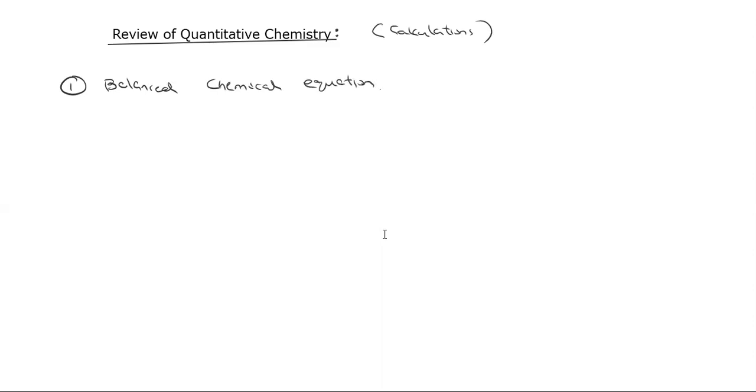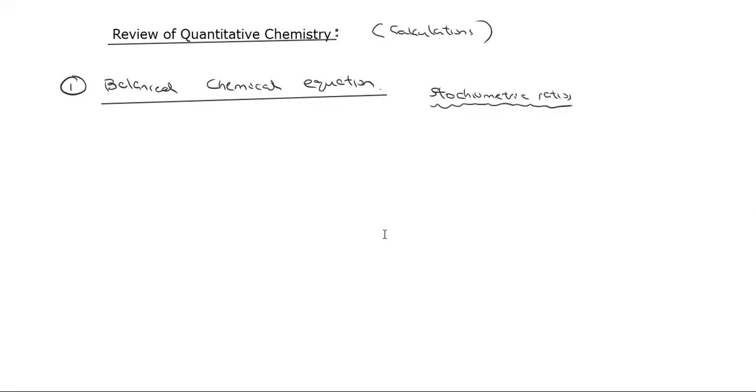There are all sorts of calculations we might do with regards to mass or volume or pressure, but the first thing you must start with, if you're talking about reactions, is a balanced chemical equation. Remember, your balanced chemical equation gives you the stoichiometric ratios, so you must make sure that this is correct.